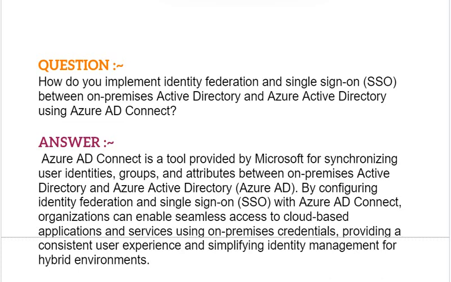By configuring identity federation and single sign-on SSO with Azure AD Connect, organizations can enable seamless access to cloud-based applications and services using on-premises credentials, providing a consistent user experience and simplifying identity management for hybrid environments.